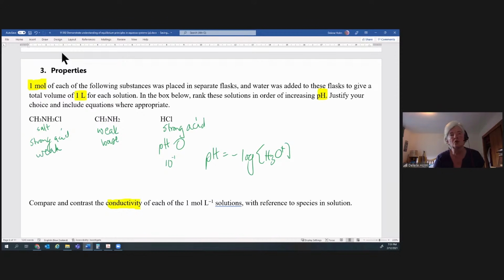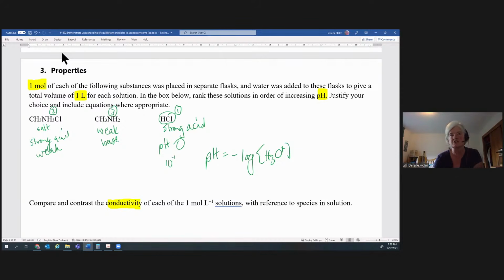So if we were doing it in order of pH, this would be the lowest because it's a strong acid. So this is number 1. This, because it's from a strong acid, weak base, is going to be more acidic than a weak base. So this is going to be next highest in pH, and the base will have a pH of over 7, so this is going to have the highest pH.